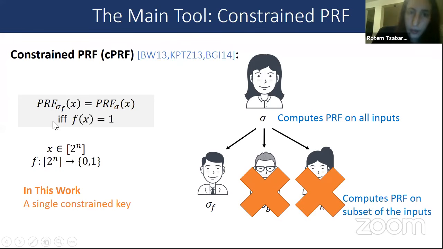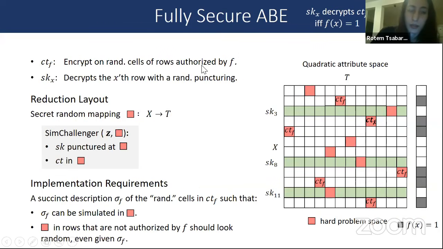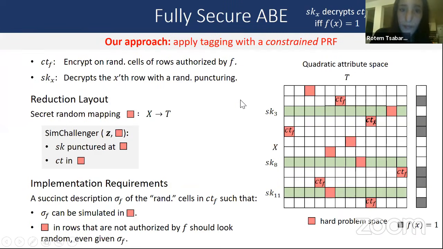Okay. So now let's see how to use the constrained PRF in the construction. Looking back again to the high-level idea, we now want to use the constraint PRF in order to have the efficiency properties. So instead of implementing the punctured points with a standard PRF, we now implement them with the constraint PRF.